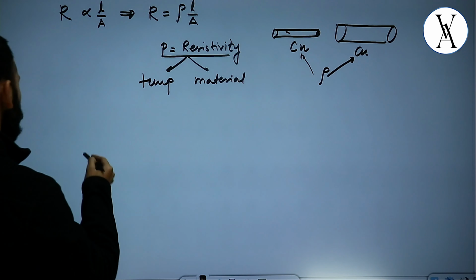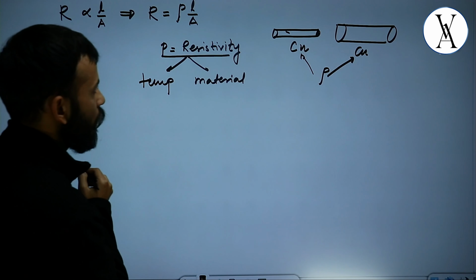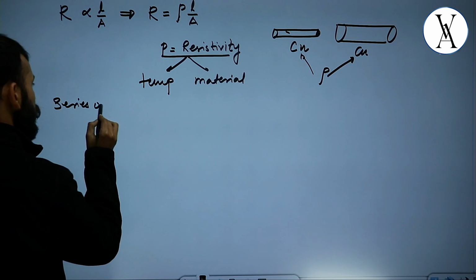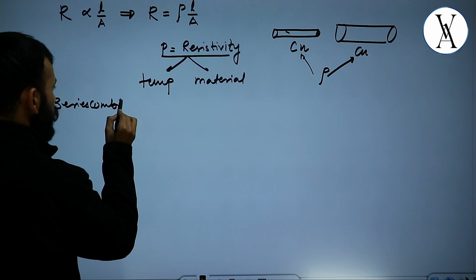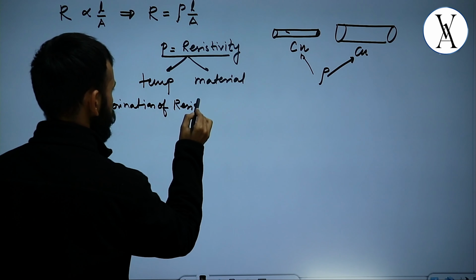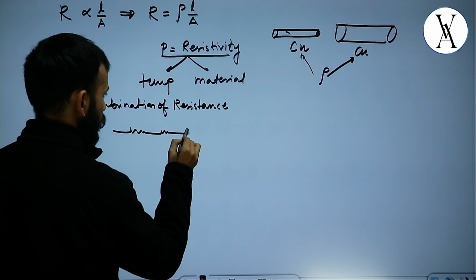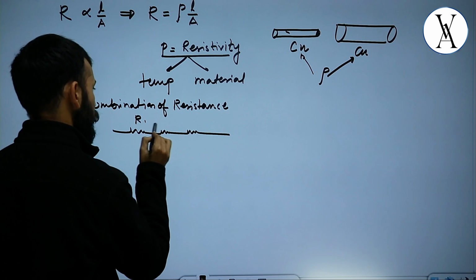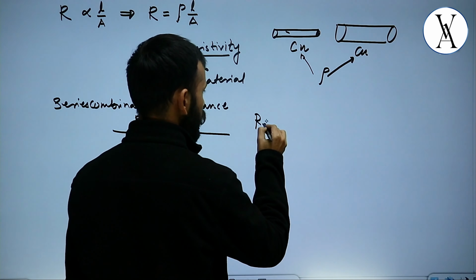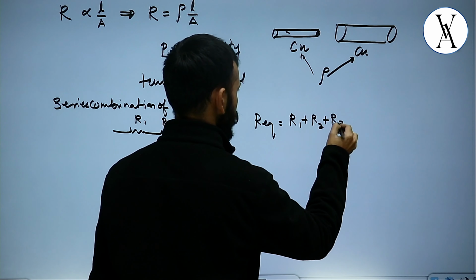Next, there are several combinations which you have already studied. First is the series combination of resistance, in which the resistances are end to end, and R equivalent is R1 plus R2 plus R3.